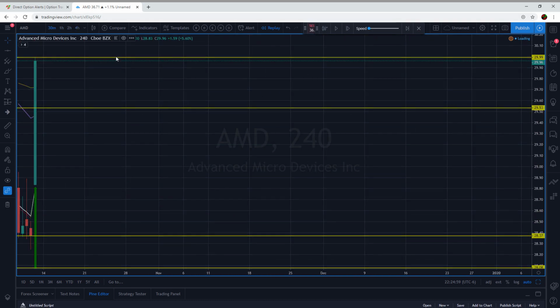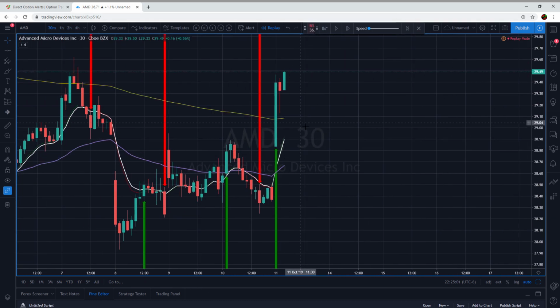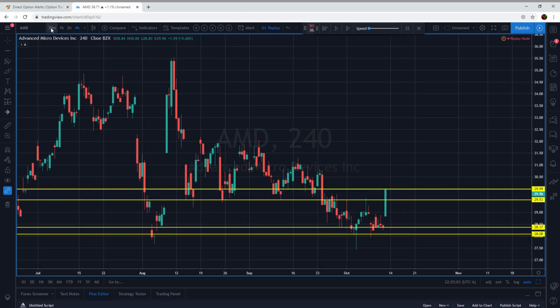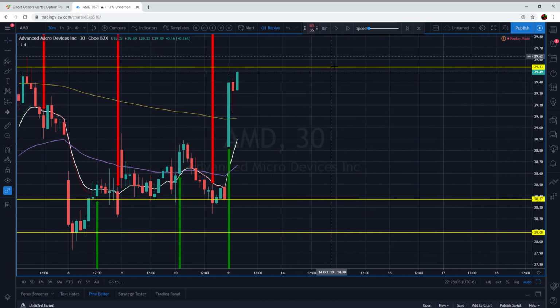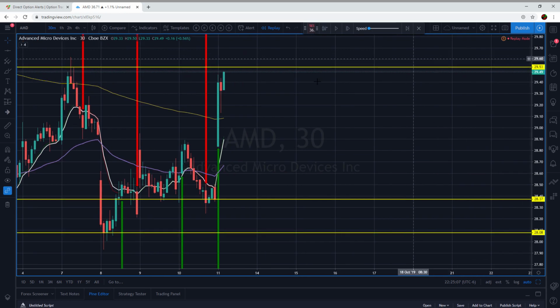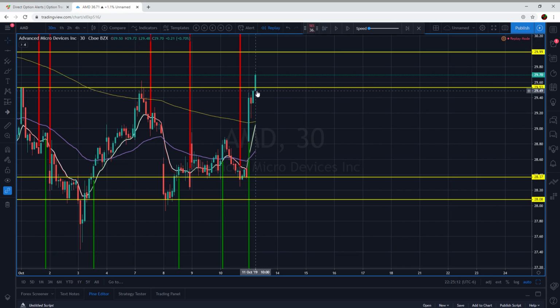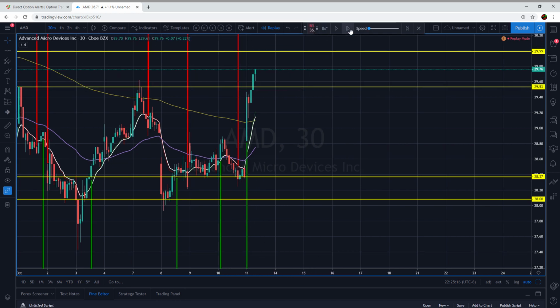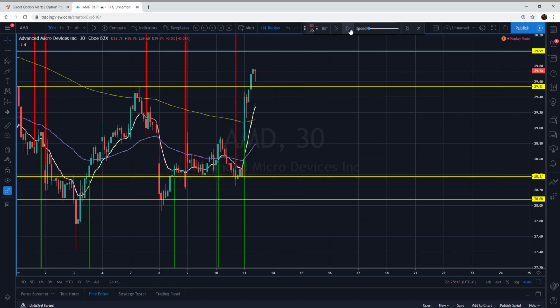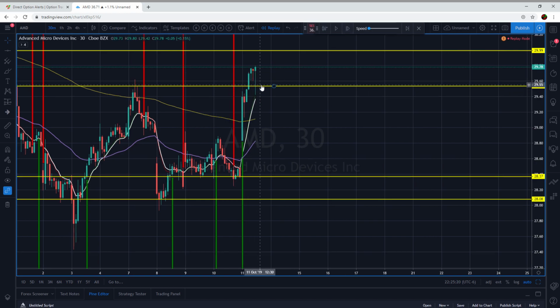So we entered. Strike price is $30. Boom, it broke over the first resistance. Boom. It's rejecting. That's still October 11.